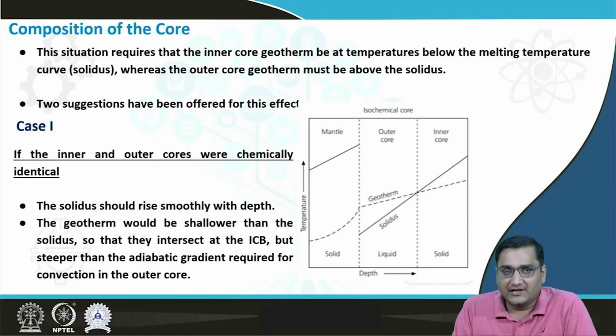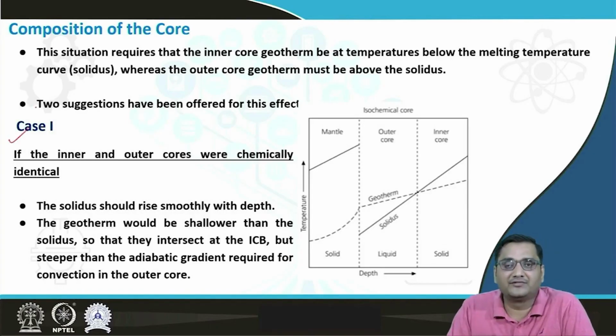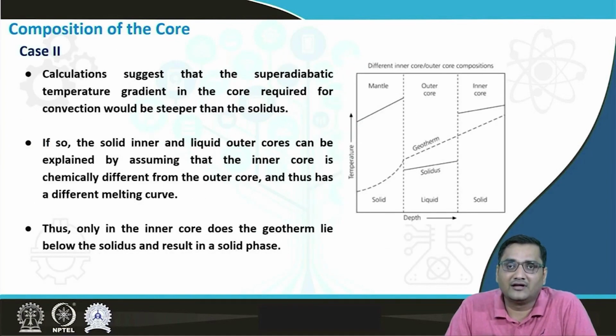For this purpose, there are two suggestions offered. One is case one, in which we consider both the inner core and the outer core to be chemically identical. And there is another case where the inner core and the outer core are considered to be different, having different chemical compositions.